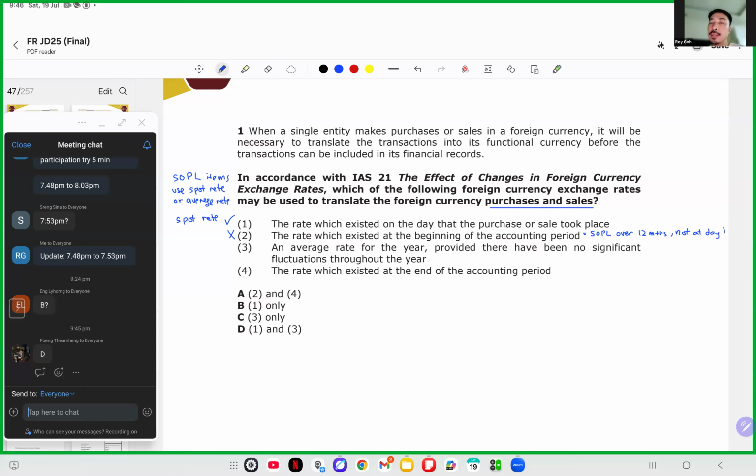You cannot say all my sales and all my purchases for the whole year happen on one day. It doesn't work, so I cannot use the rate at the beginning. So this is called the spot rate, and it is allowed for your P&L item.